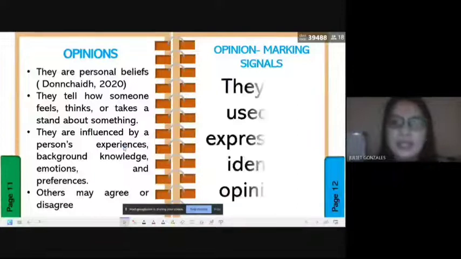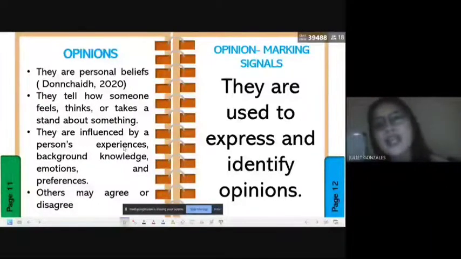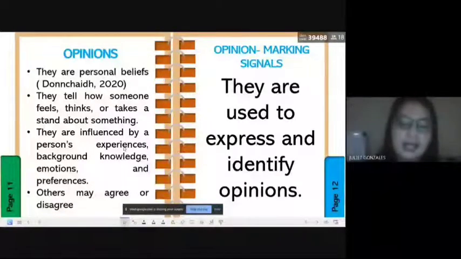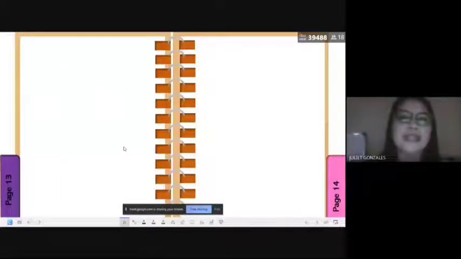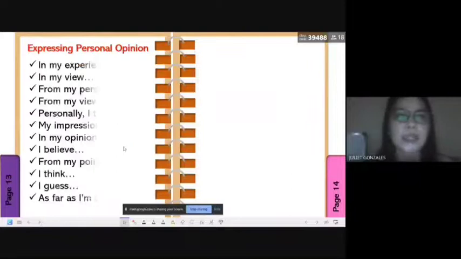How can we express opinions? They are used to express and identify. How can we identify opinion marking signals? So we will know that they are opinion marking signals when they are used to express and identify opinions. Okay, this time, let's have the different opinion marking signals. So let us start with those expressions or phrases which are used to express personal opinion.